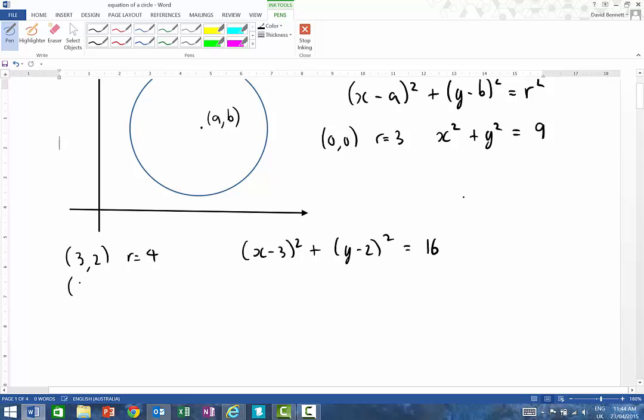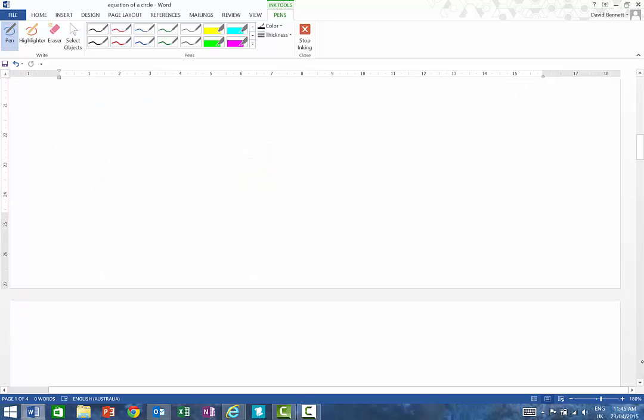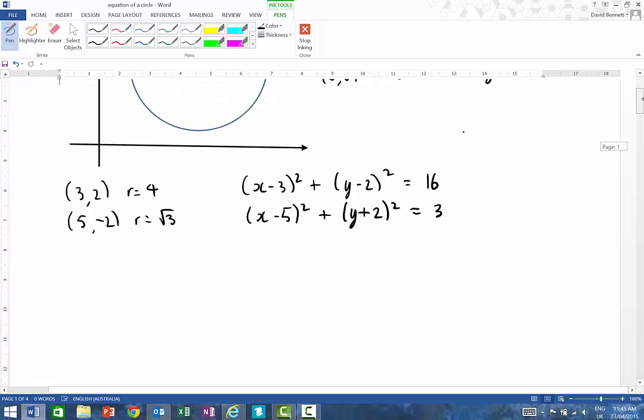If I have a centre (5, −2) and radius equals root 3, then my equation is going to be (x − 5)² + y. Now it's take negative 2, so that becomes (y + 2)² = (root 3)², which is 3. Getting an idea of the patterns that we're actually seeing with our equations.